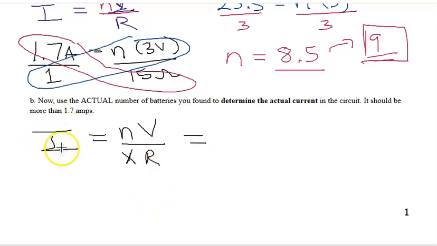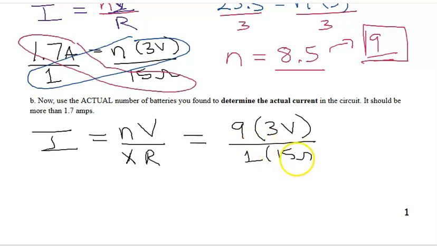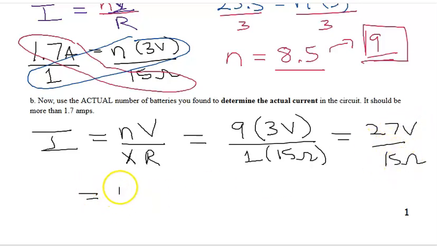We don't know what I is. It should be close to 1.7, more than 1.7. We decided N was 9, so we want 9 3-volt batteries, divided by 1 15-ohm light bulb. So you get 27 volts over 15 ohms, and that is 1.8 amps.